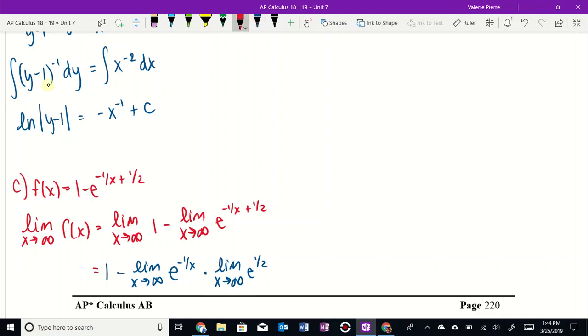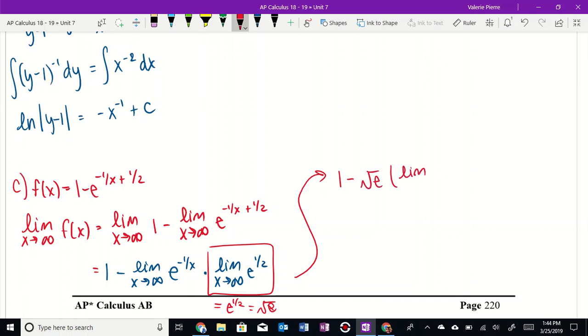Now, e to the 1 half is a number. So this limit is equal to just e to the 1 half, or the square root of e. So what we have is 1 minus square root of e times the limit as x approaches infinity of e to the negative 1 over x.